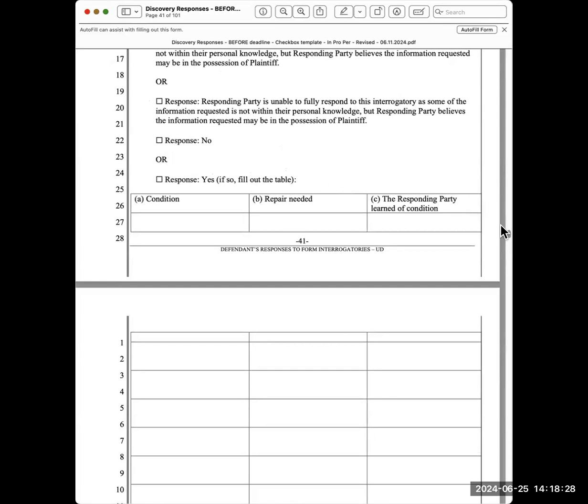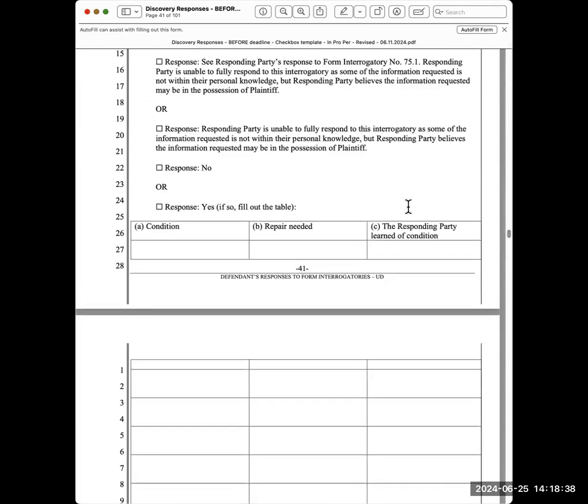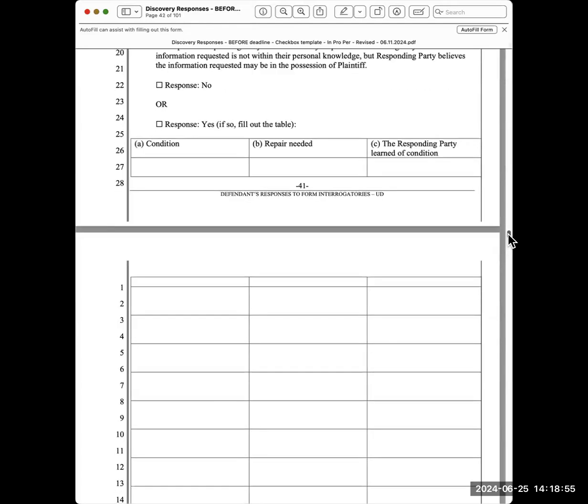If 75.1 wasn't checked for you to answer, you didn't respond to 75.1, then you should respond here to that question, and you would answer it very similar to the way you answered, or would have answered, 75.1, which is: what is the bad condition, the repair needed, and how and when did you learn of that condition?